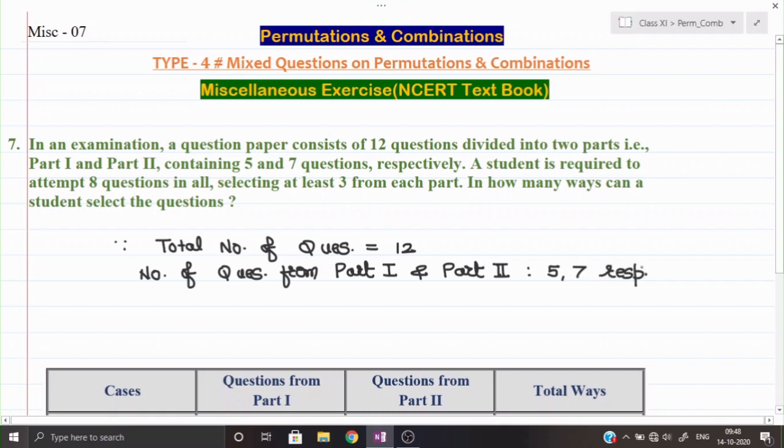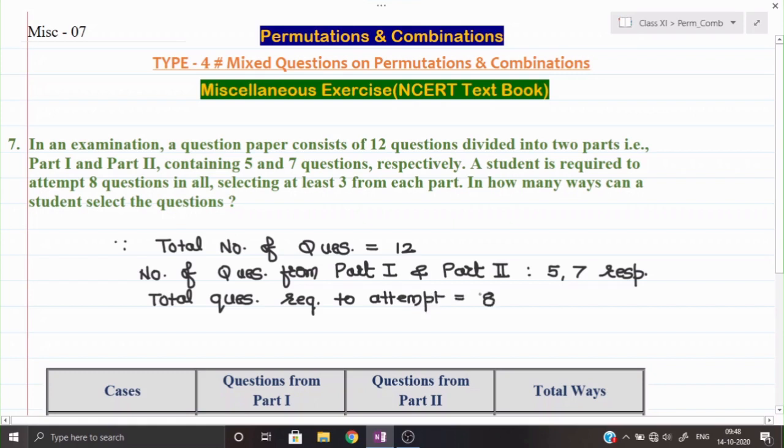Okay, now we can say that total questions required to attempt, that is our first condition. Total questions required to attempt is equal to 8.